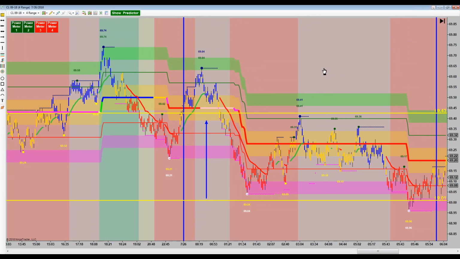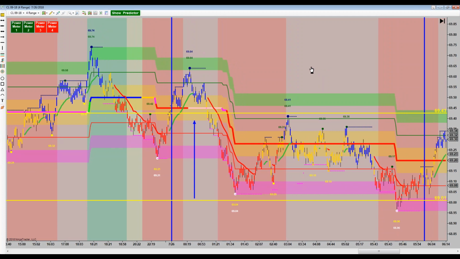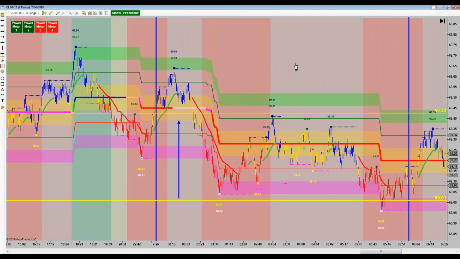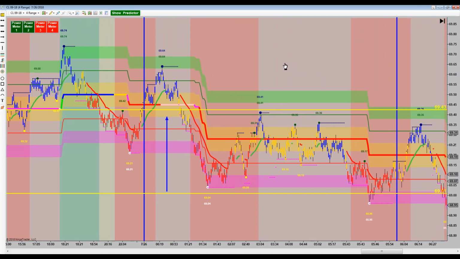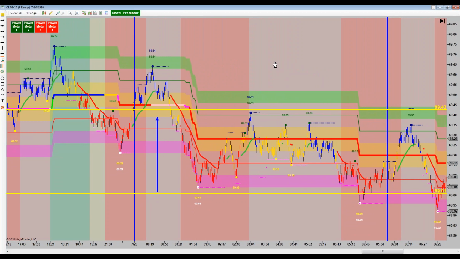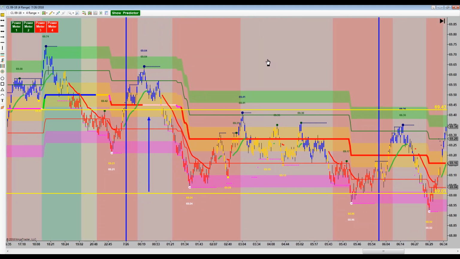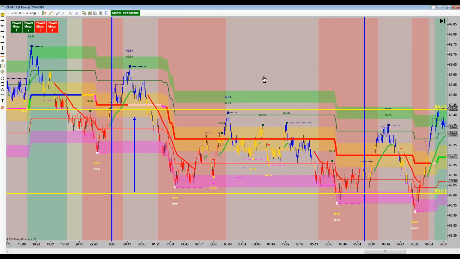Okay, there's the open of the pit. Crude oil, 6 a.m. Pacific. There's 6:29. So there's 6:30, so 30 minutes into the pit trading.